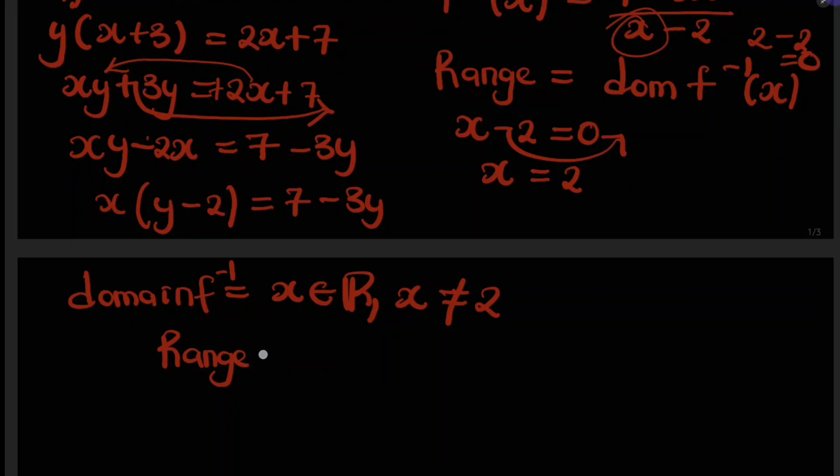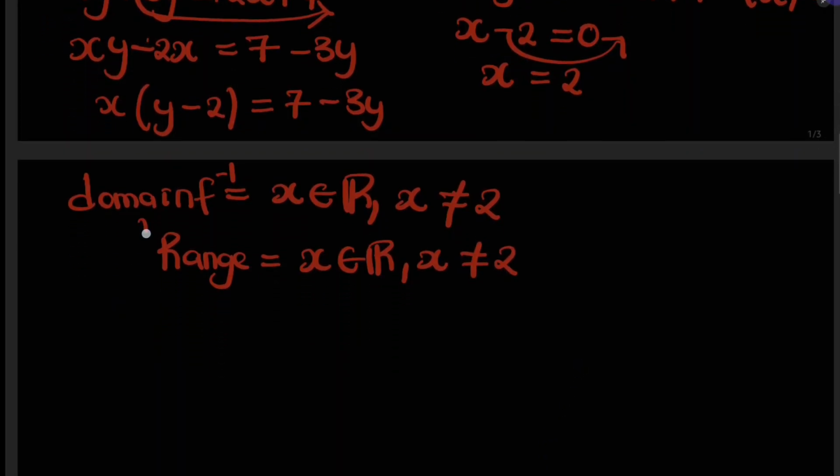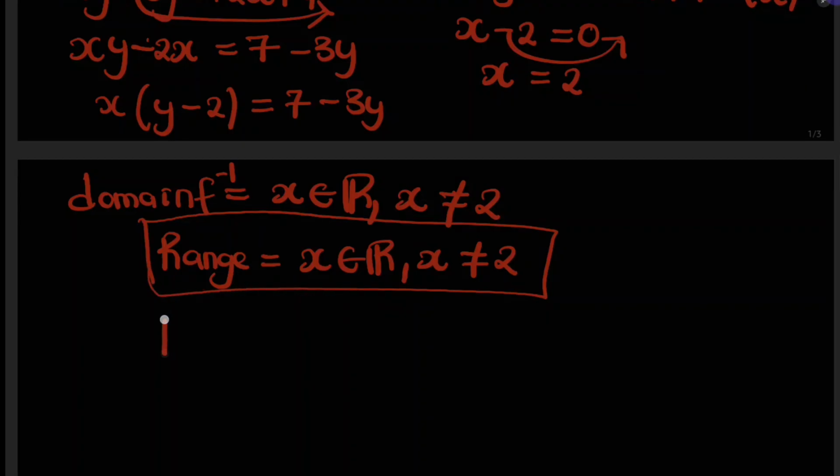Our range is equal to x, an element of R, and x should not be equal to 2. This is one way to write it. Another way, we can just say that our range is equal to real numbers.